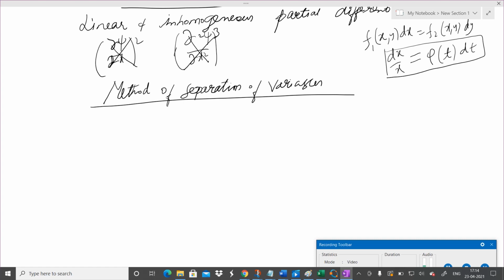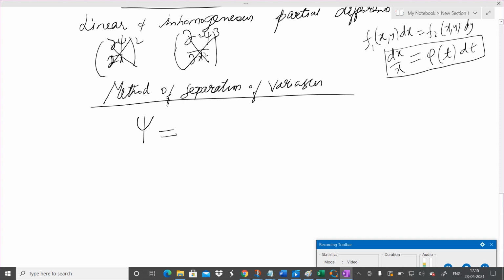Suppose you have an electric field: the variation of the electric field along the x component is in some sense independent of the variation in the y and z components. So we assume that the solution psi is a function of x, y and z.